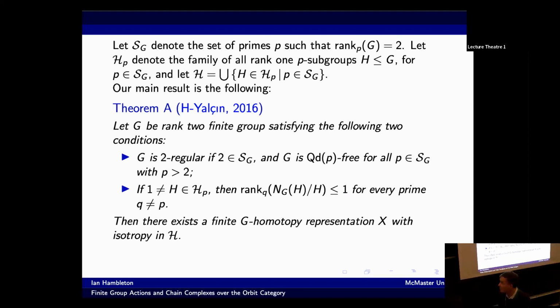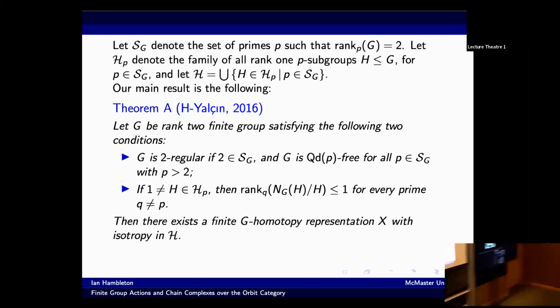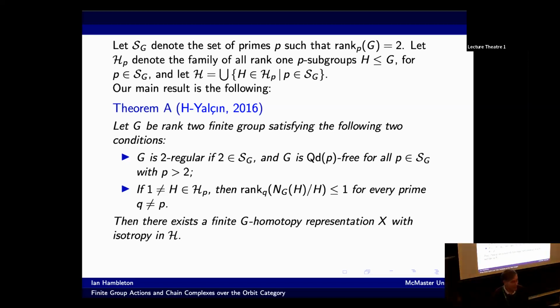It was published back in 2016. There are two assumptions here. You need a QDP-free assumption, that has to be ruled out, of course. And then there's a condition on character theory, which I don't think I'm going to recall. This is where the difficulties are being buried in the theorem, by, well, assumed away, if you like to say this. But anyway, I think this is an interesting condition on finite groups.